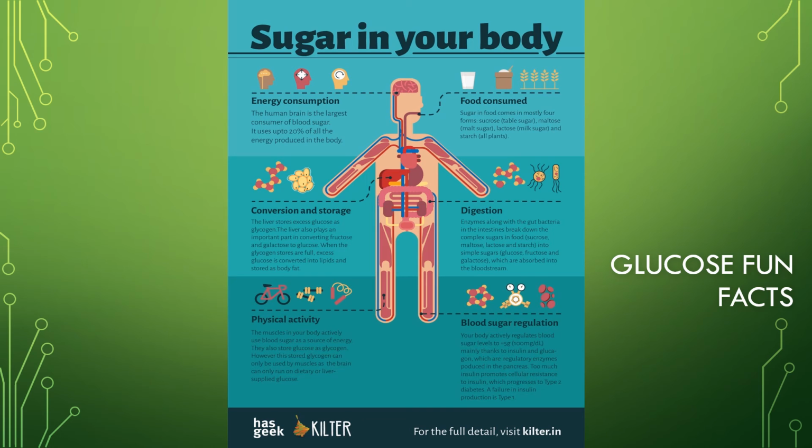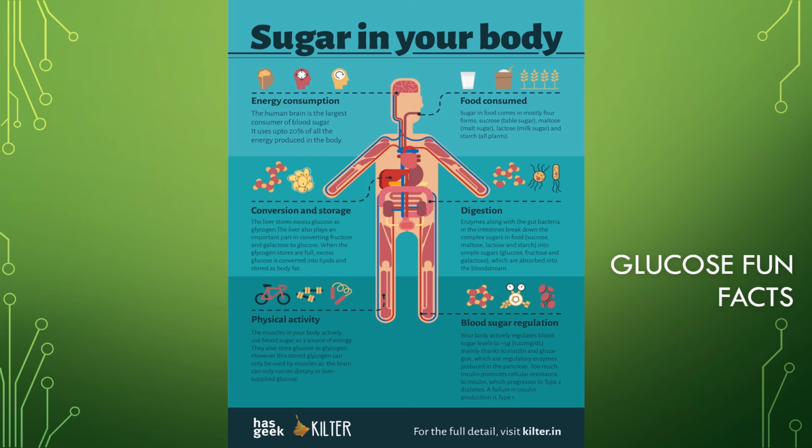Okay, so then your sugar levels are regulated through insulin and glucagon. And then the pancreas is producing enzymes that regulate this from then on.